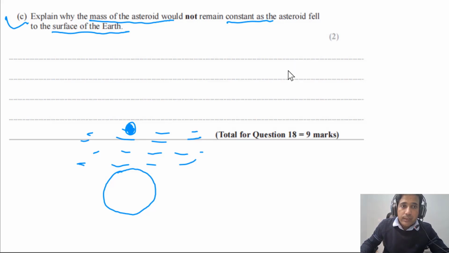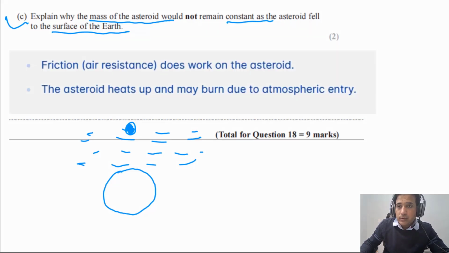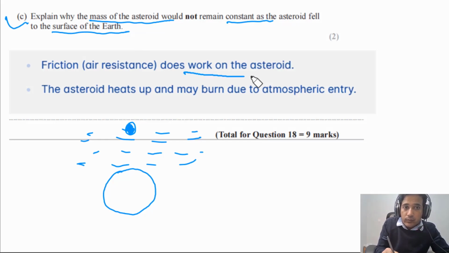So how can we write the answer? We can talk about these two points. We can say air resistance does work on the asteroid. When the asteroid is falling, there will be a resistive force on it in this direction, and the work done by this resistive force will be negative. The asteroid is falling down and the force is in the upward direction.